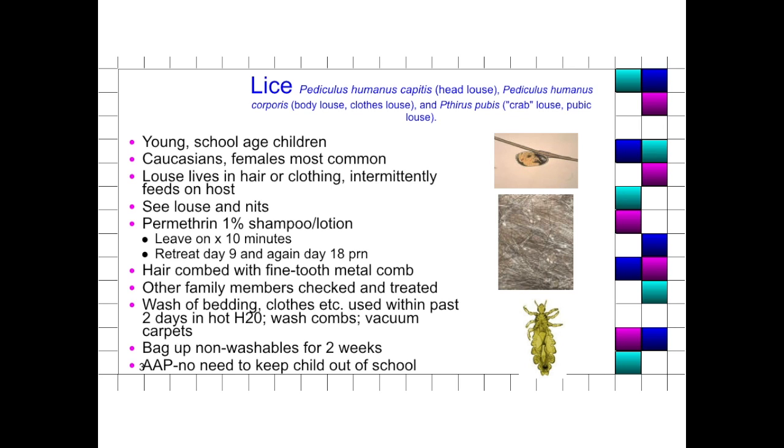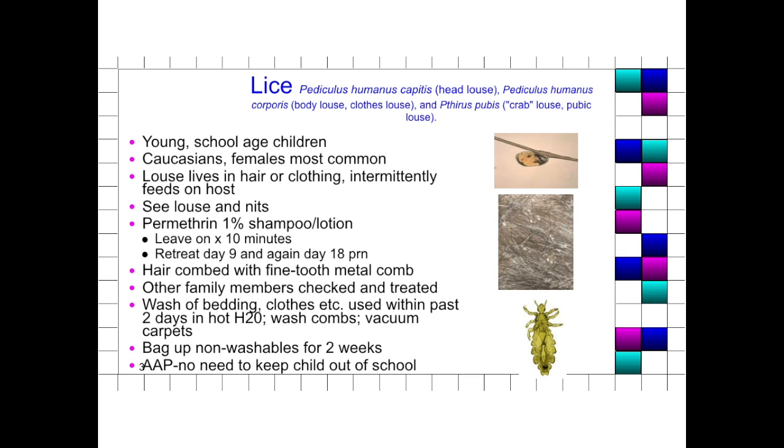The nits are those little white eggs sitting on the hair follicles in the middle picture. In addition to using the shampoo, the parents need to comb the hair with a nit comb. It's a very fine tooth metal comb, and then wash it off. Other family members should be checked and treated as needed.